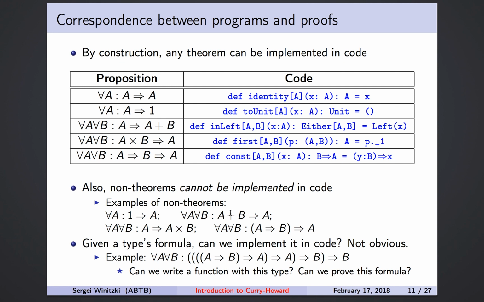Another example of an impossible type is this type. So from A plus B follows A. If you wanted to implement this function, you would have to take a value of disjunction type, A plus B, and return a value of type A. But how can you do that?